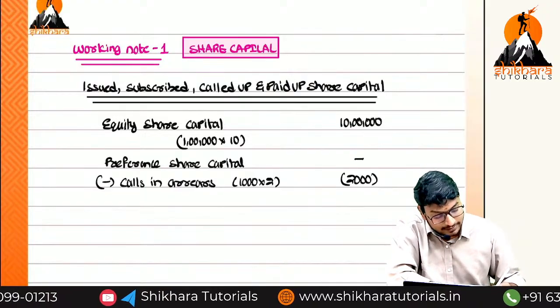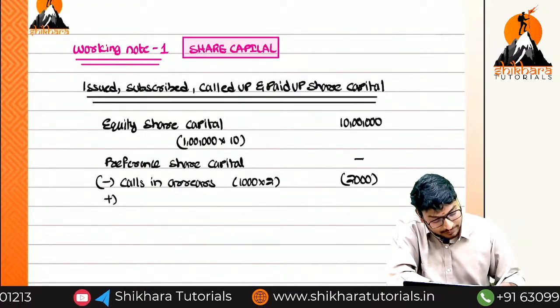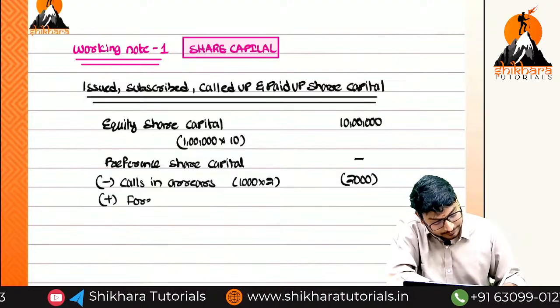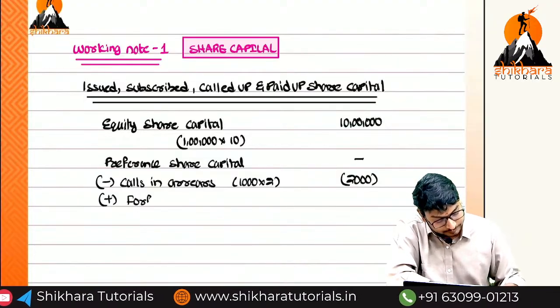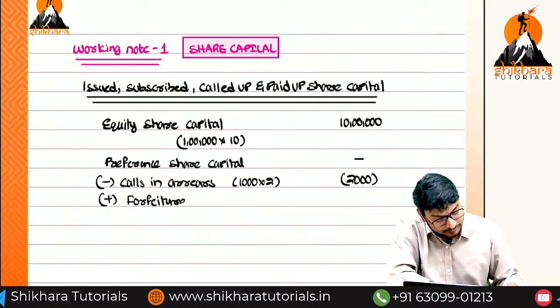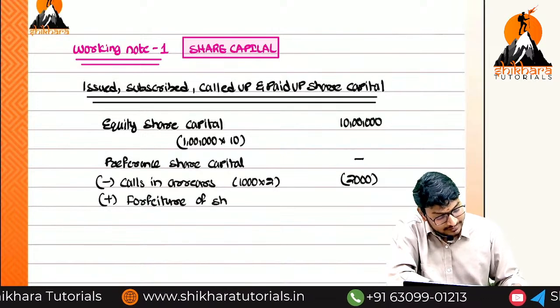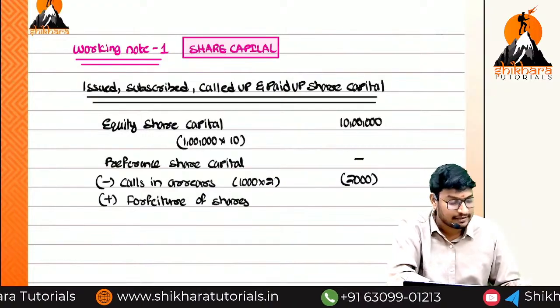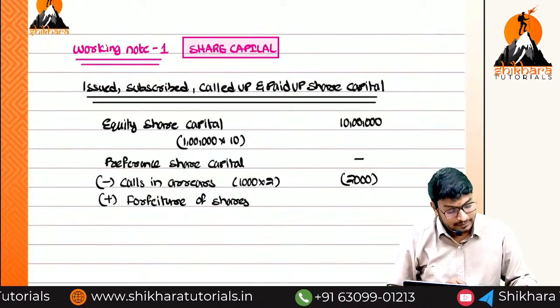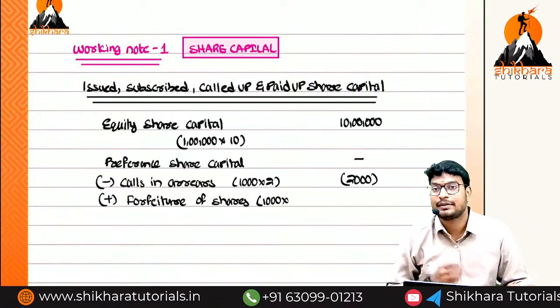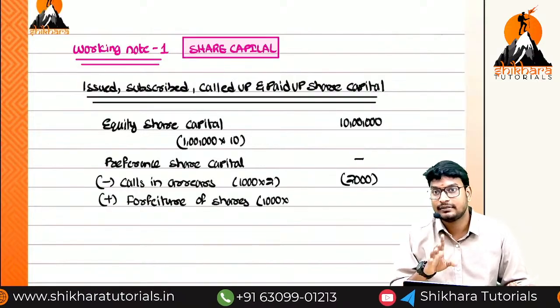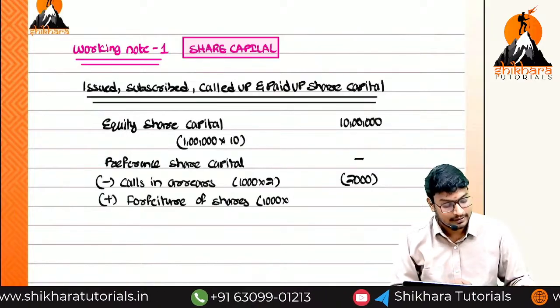Okay, na? And which thing do we have to add now, ma? Forfeiture of shares. How much amount is available, ma? Nothing but 1000 into the amount collected. How much amount have we collected? First installment and second installment, nothing but application and allotment.